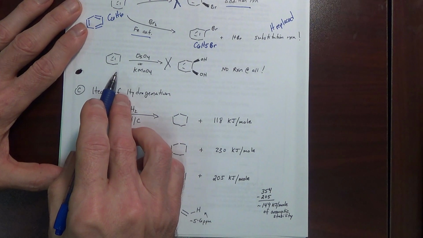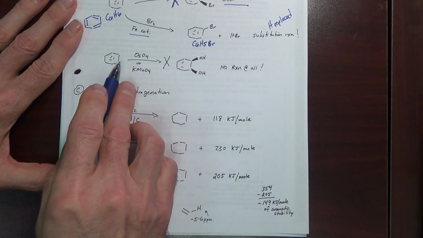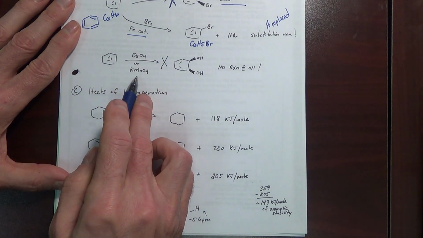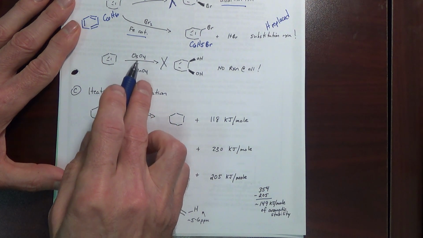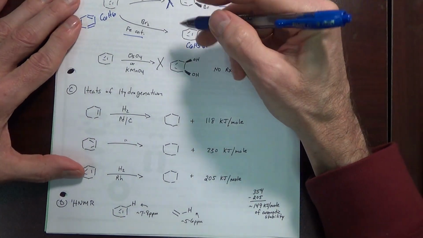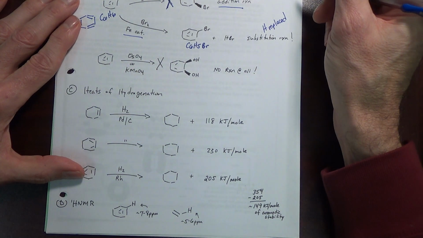Another bit of unusual reactivity is that the carbon-carbon double bond doesn't react with oxidizing reagents such as osmium tetroxide or KMnO4. Maybe you're looking for one of the alkenes to form a vicinal diol.